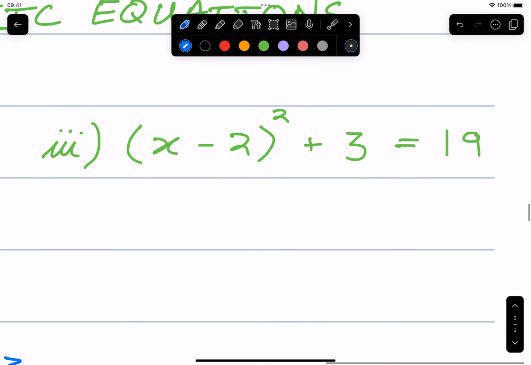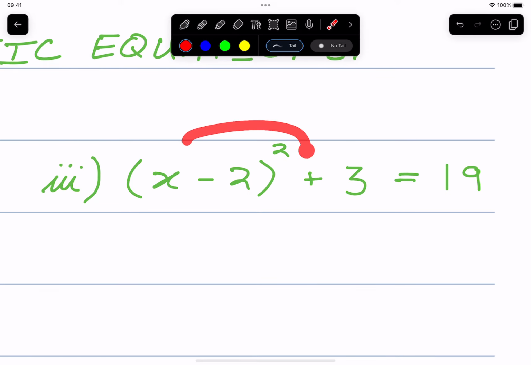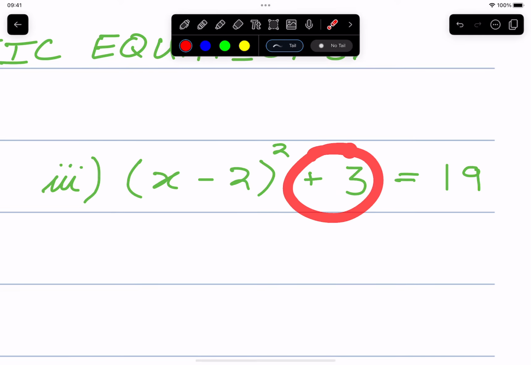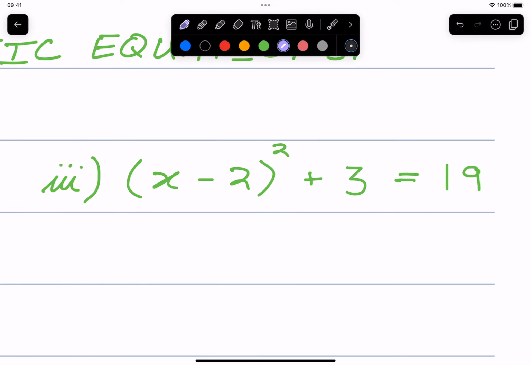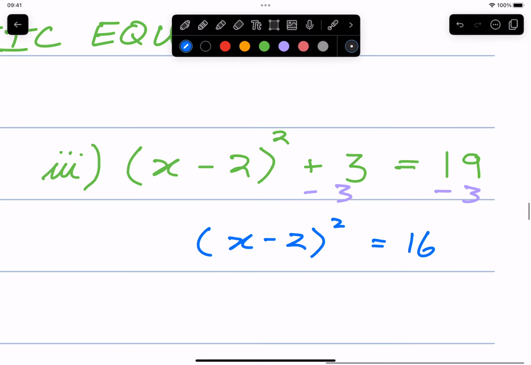Okay, now let's take a look at this one. Notice how the square is not by itself. So we want to get rid of this first. For this, we need to subtract 3 from both sides. This will give us x minus 2 squared equals 16. Now notice, because of that one step, the square is now by itself.